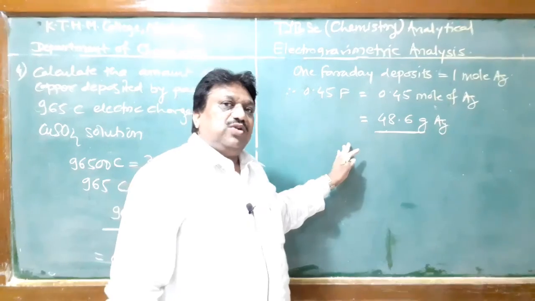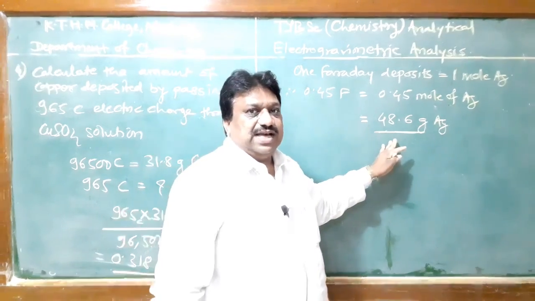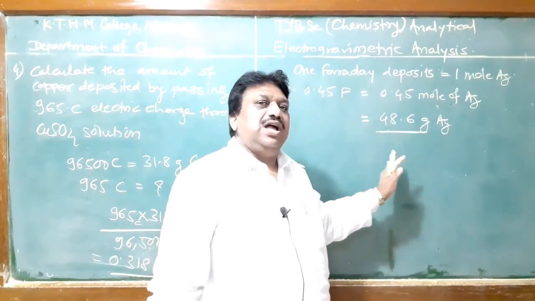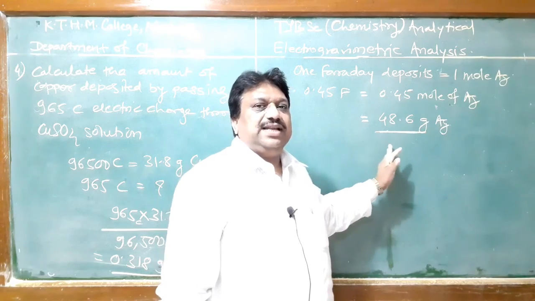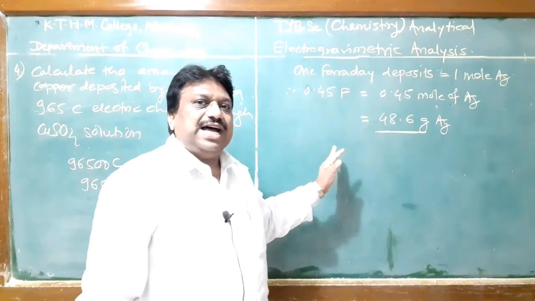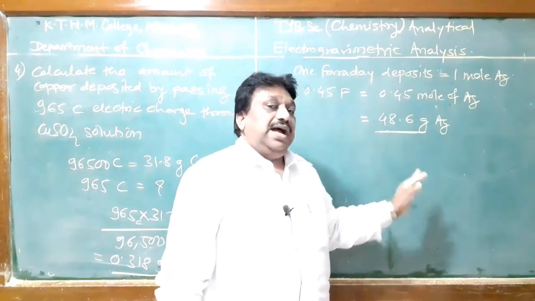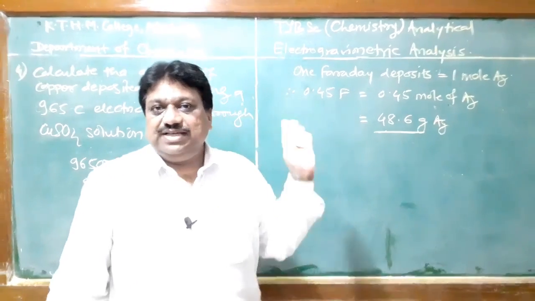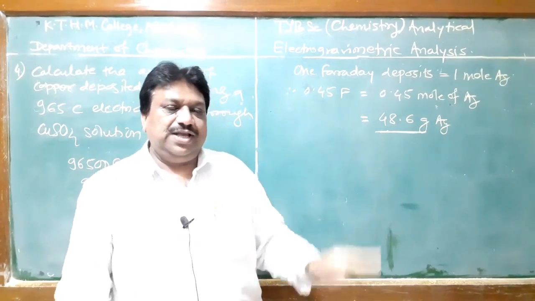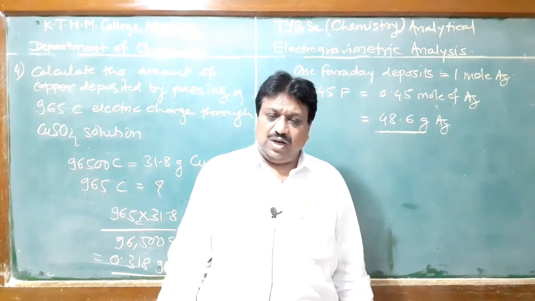And if equivalent weight or chemical equivalent of those substances are known, then we can find out how much amount of those material are deposited by passing that much quantity of electricity. And that we prove by solving different types of problem. Student, now we stop here.